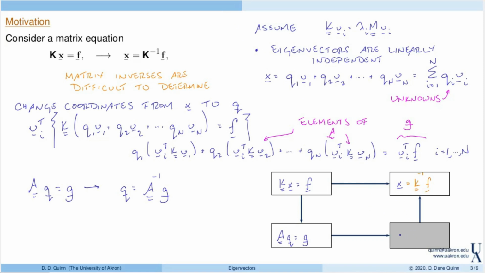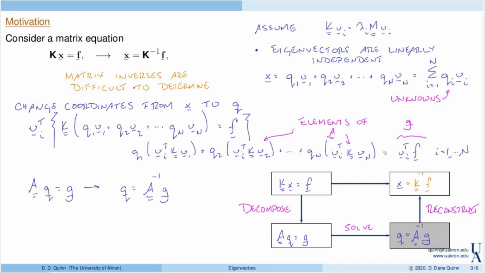And then we'll solve that for q, which is A inverse times g, and then we'll go back. So essentially we decompose our original problem into a different problem in terms of q. We solve that, and then we reconstruct the solution.